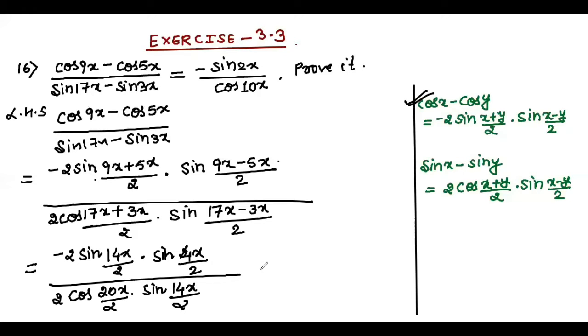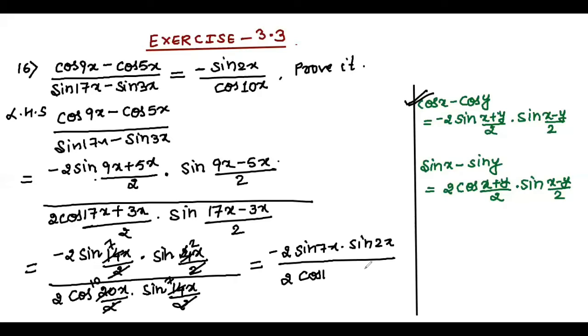So we can write it as minus 2 sin 7x into sin 2x by 2 cos 10x into sin 7x.